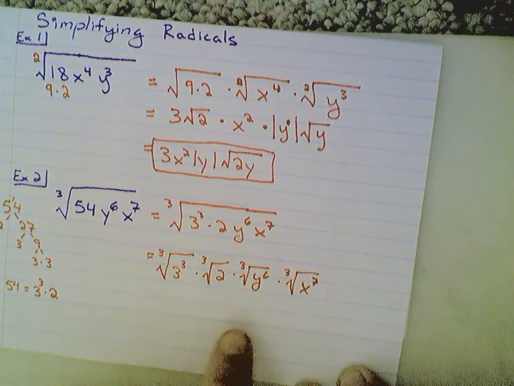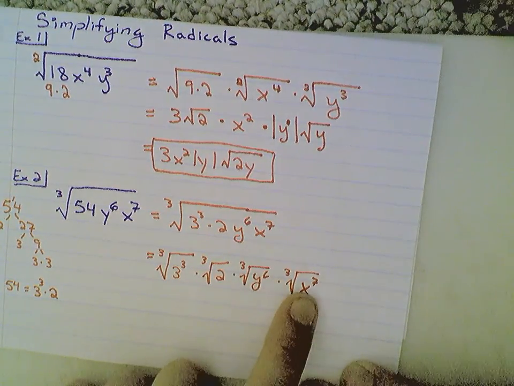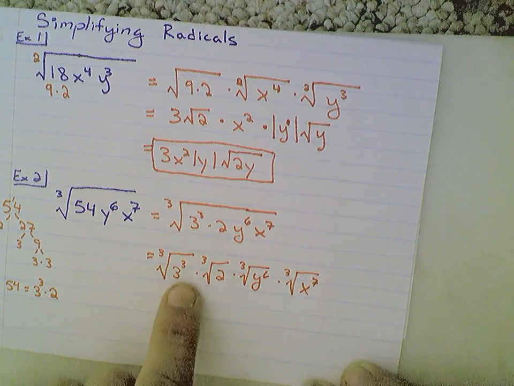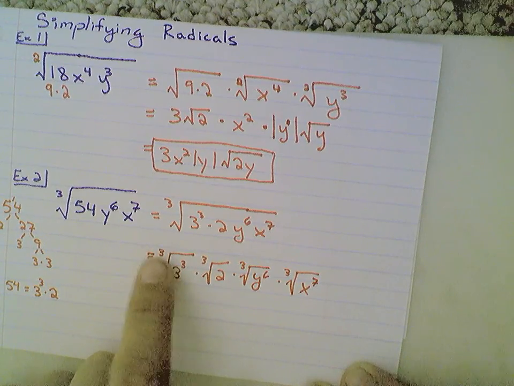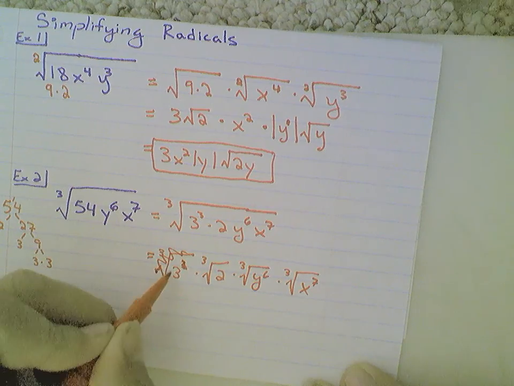Okay, so notice I've broken up the multiplication each into its own cube root radicals, all being multiplied together. Well, if I cube a number and then take the cube root of that number, the cube and the cube root will cancel and I'll just be left with that number.